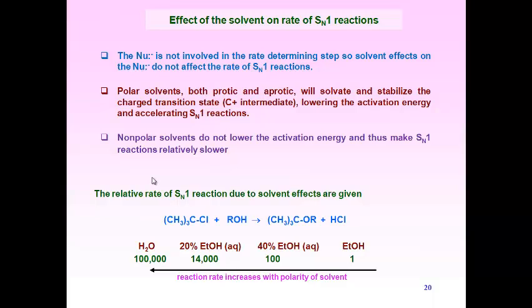Polar solvents, both protic and aprotic, solvate and stabilize the charged transition state, lowering the activation energy and accelerating SN1 reactions. Non-polar solvents do not lower the activation energy and thus make SN1 reactions relatively slower. That is, the rate of the SN1 reaction increases with the increase of the polarity of the solvent.